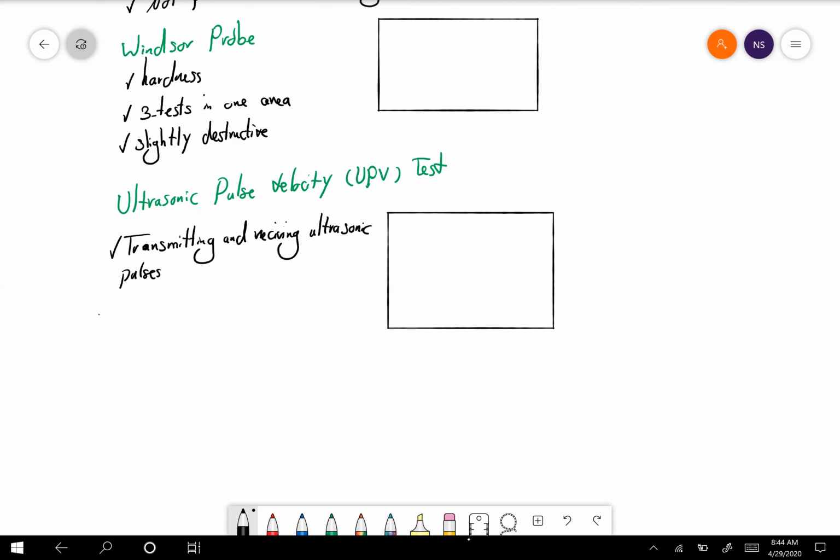And then by measuring the velocity of the pulse, which is the basic definition of velocity, distance over time. And distance, let's say if you have your concrete cylinder here, right?